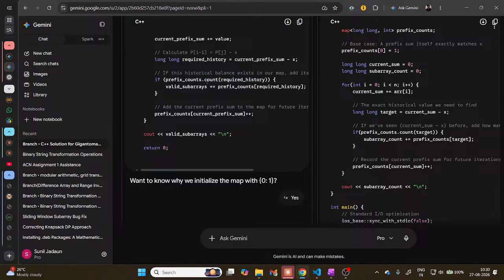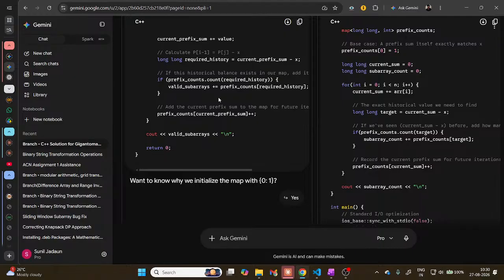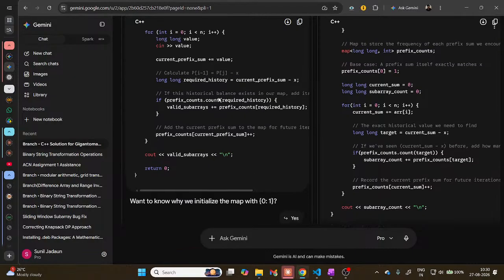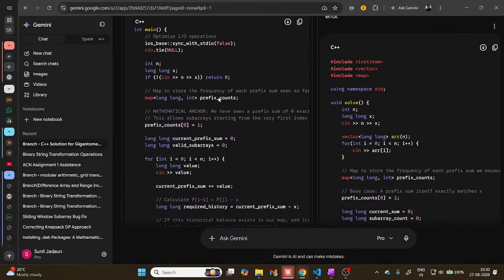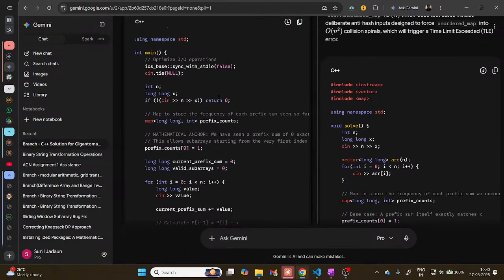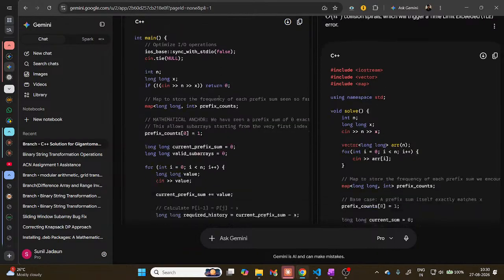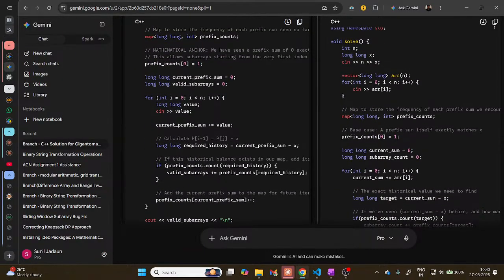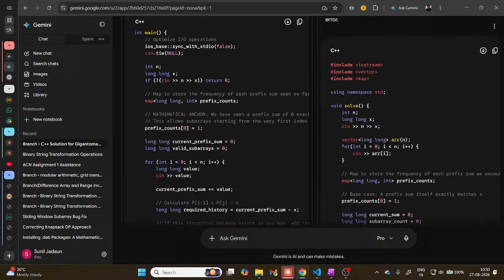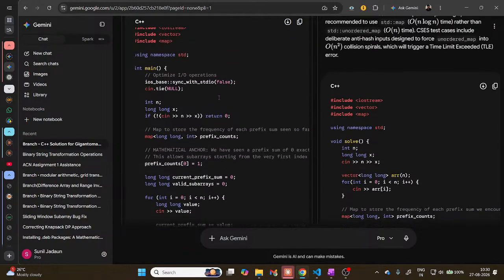Count required history, only. So I think the rest is all right. Return zero at the end. Long is also a thing. Everything is in long, so no integers. Just count is an integer.